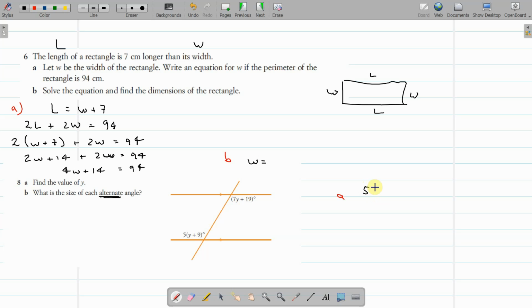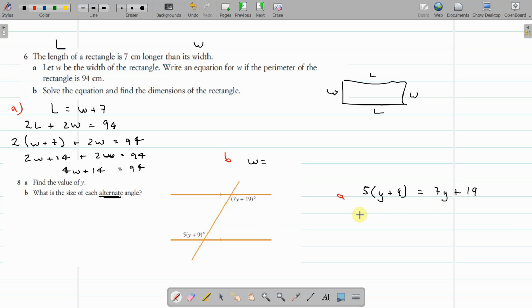So we've got 5y plus 9, I've got that from here, equals 7y plus 19. That's the angle here. 5y plus 9 equals 7y plus 19.